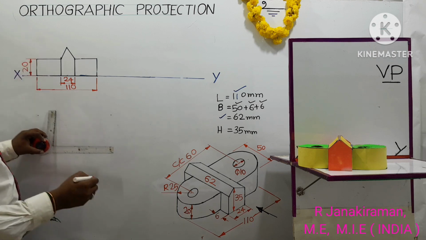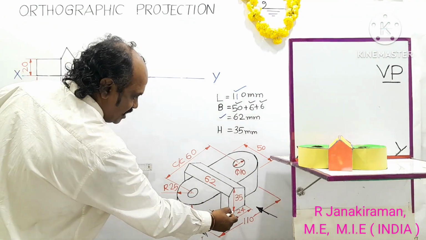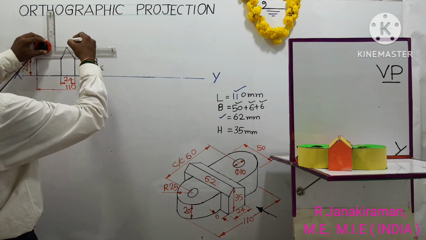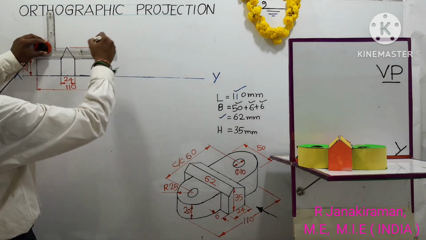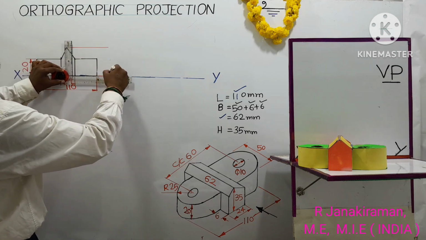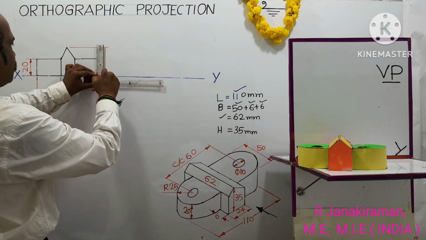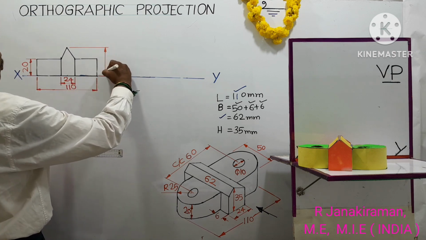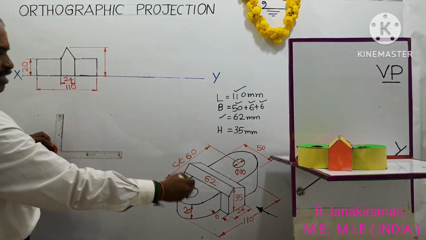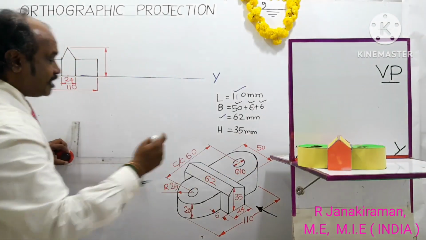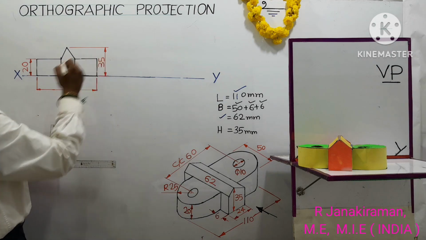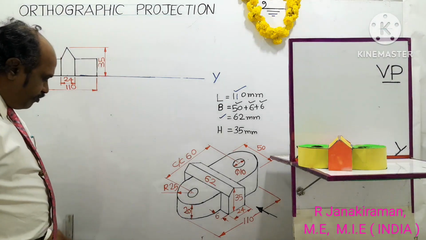And the height of this peak point from the base edge is 35 mm. This can also be dimensioned. Draw an extension line on this peak point of the triangle. Draw the dimension line. Put two narrow arrows, shade them, and you can write the overall height of the object. That is, the maximum height is given as 35 mm. 35 is written. Okay.